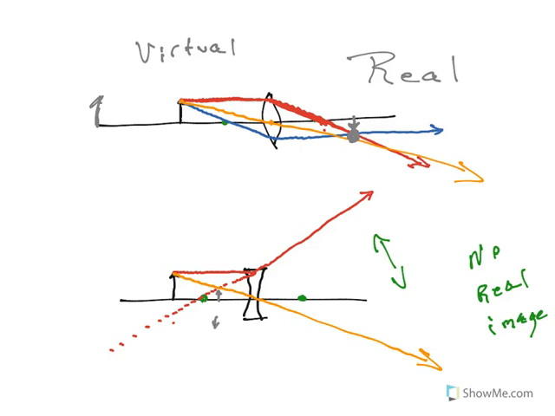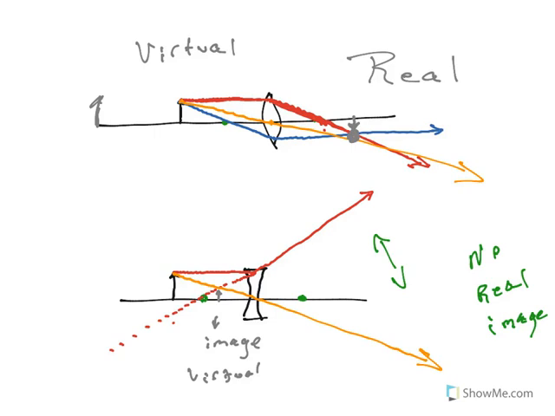So that's my image. If you look at this image, first of all, it's virtual. You can also tell it's upright because the arrow is pointing upwards, and it's minimized. That image arrow is smaller than the original object.